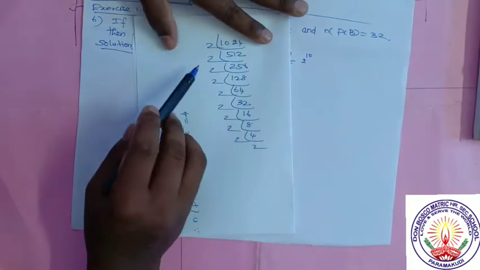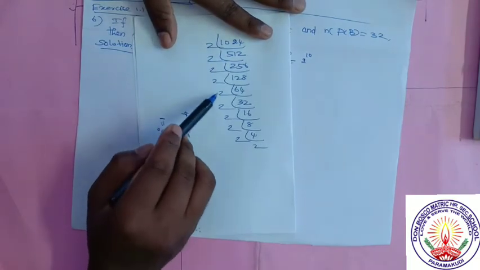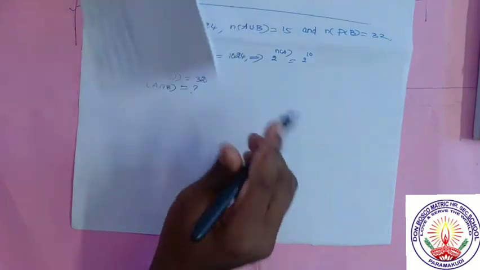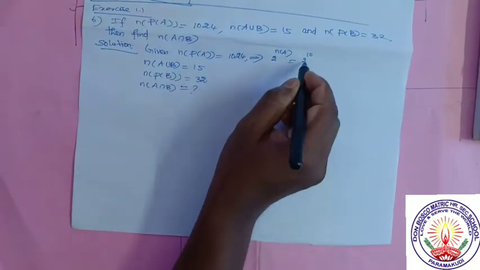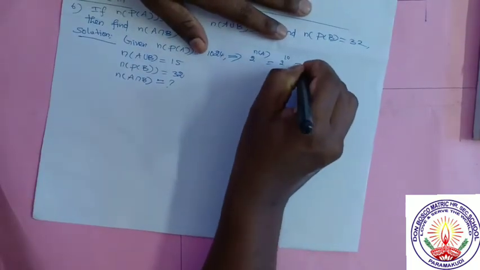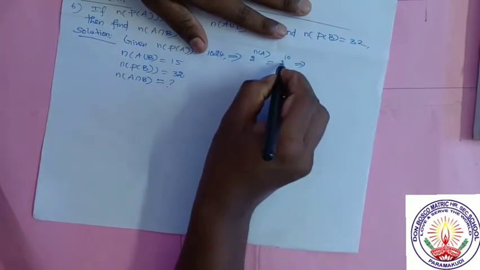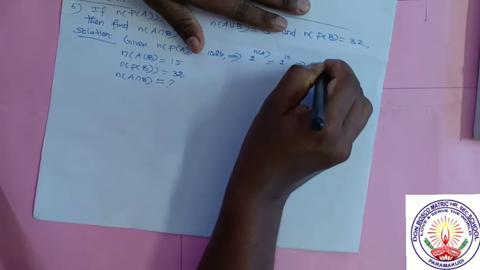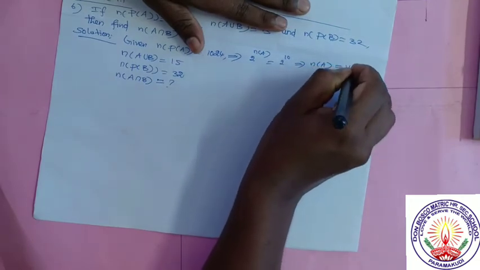Now count how many 2s: 1, 2, 3, 4, 5, 1, 2, 3, 4, 5. Totally 10 twos are there. Therefore 1024 is equal to 2 power 10. Now compare, here also 2 power, here also 2 power. Since these two are equal, n of A is equal to 10.